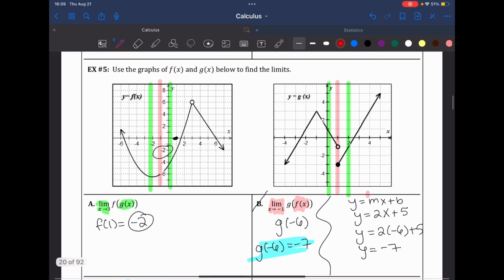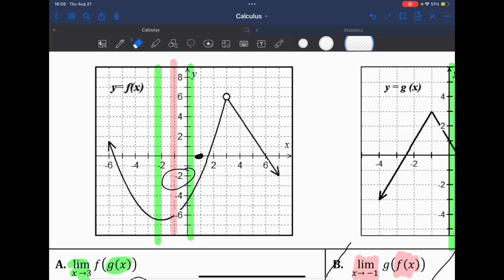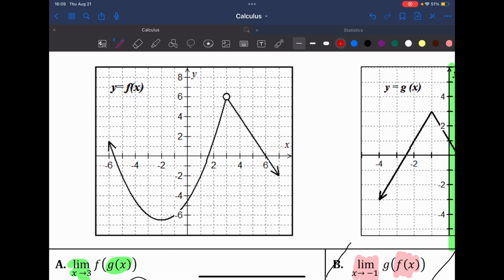So f of x, let me erase this. We're looking at -1 and -3.